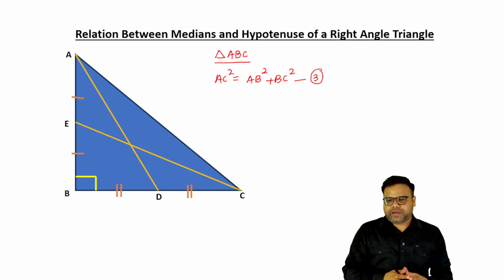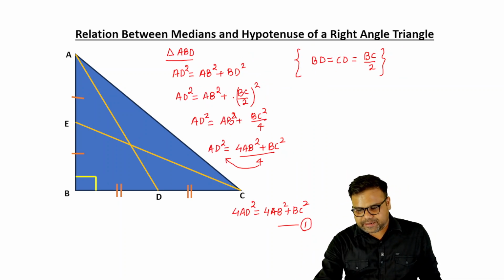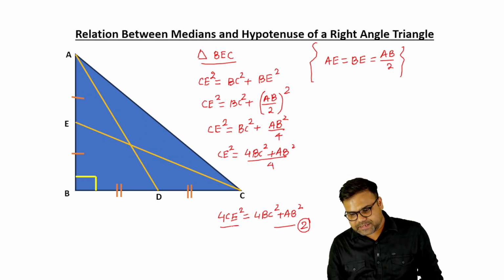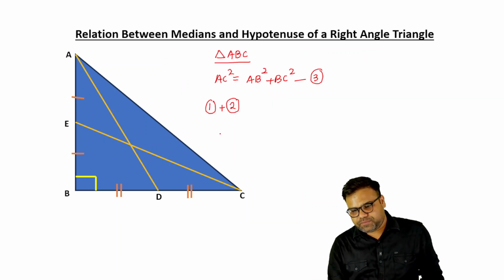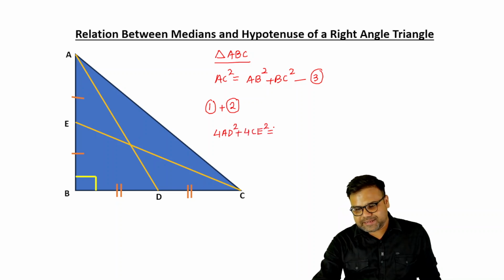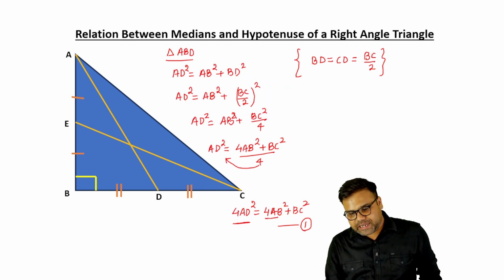Now, if you add equation number 1 and 2, what will you get? You will get 4 times AD square plus 4 times CE square. What else will you get? In equation number 1, you can see 4 times AB square.